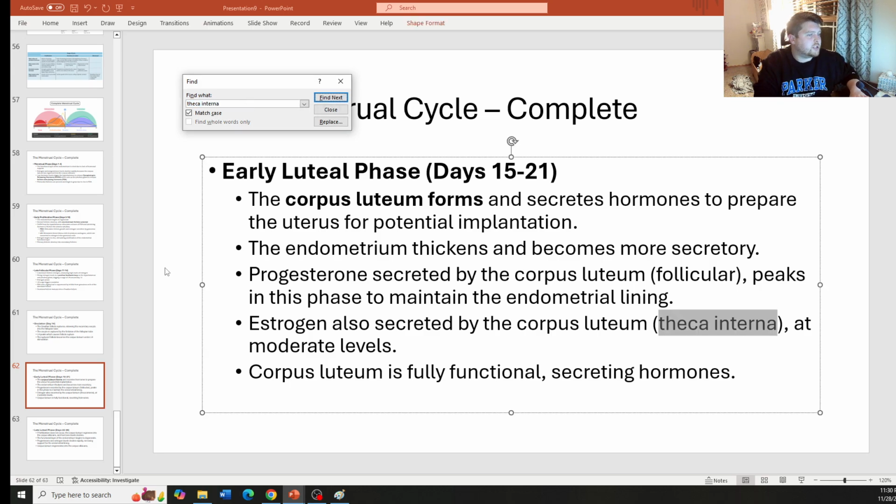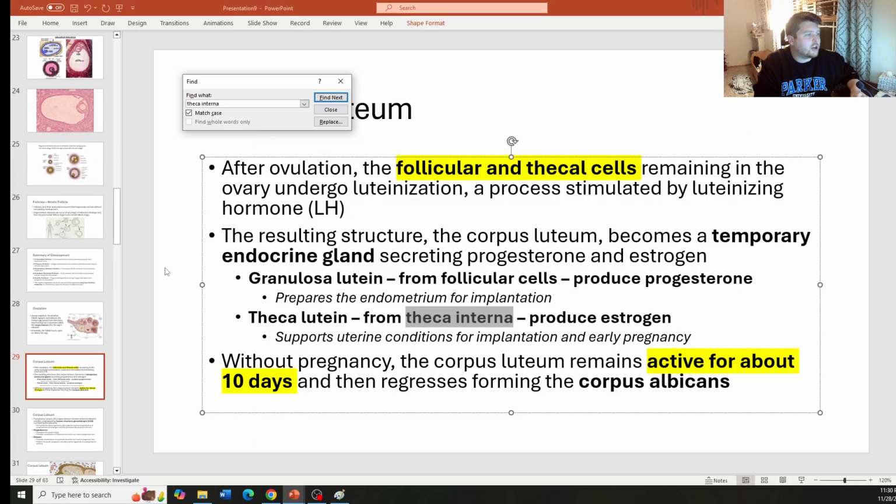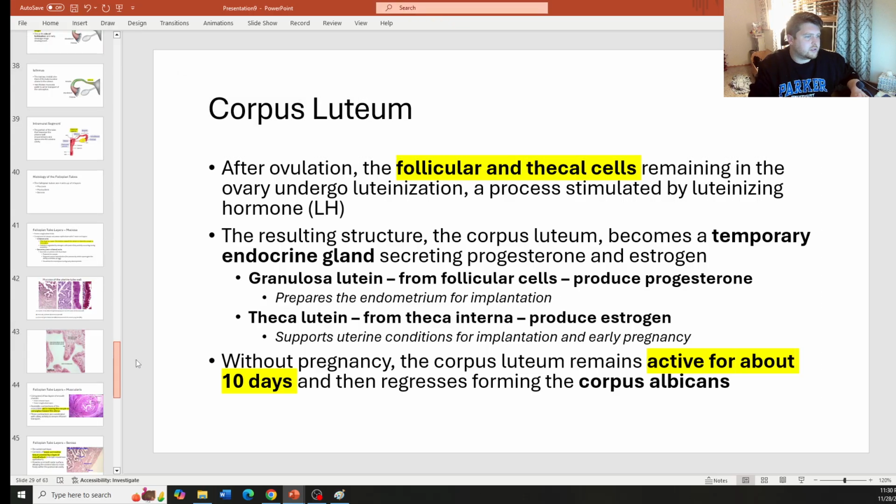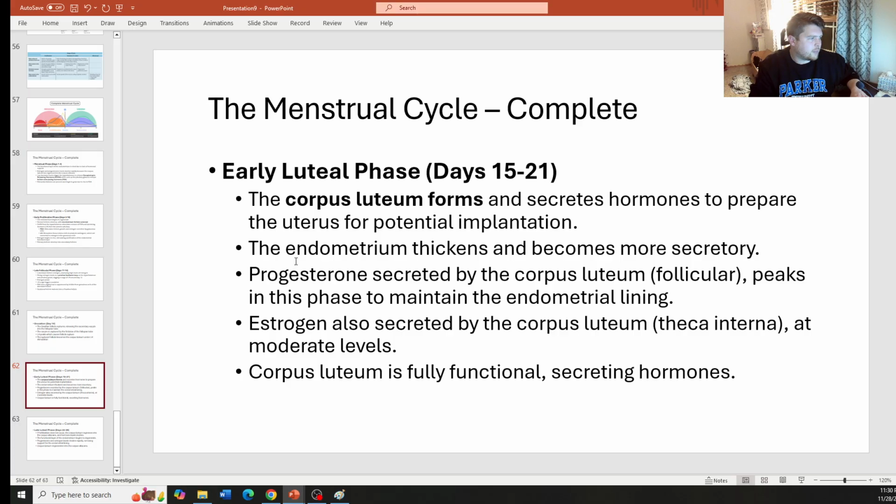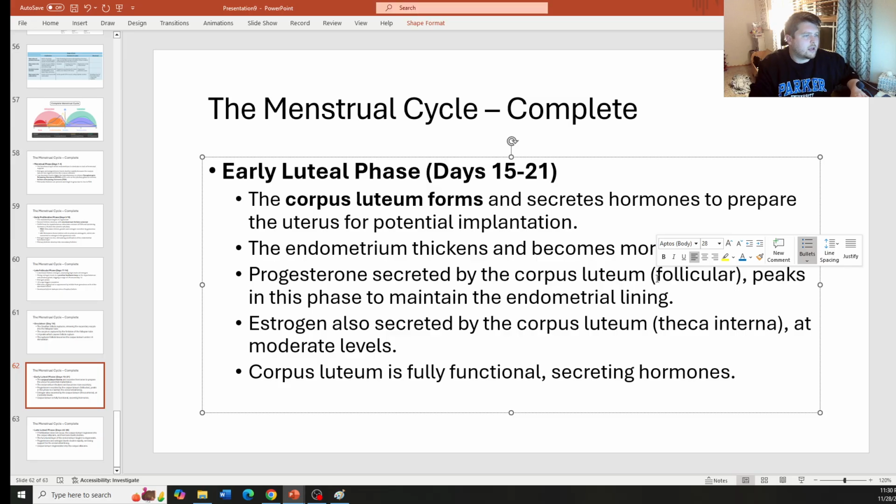I'm going to double check that, just not 100% confident. Yeah, there we go. I have it reversed. Follicular cells, this is why we check. Follicular cells, they produce the progesterone. Yeah, follicular cells produce the progesterone.